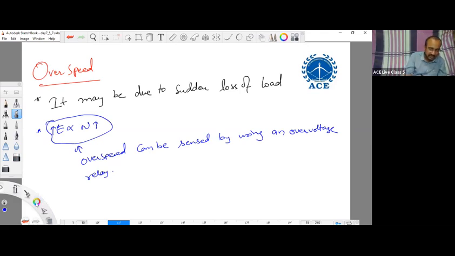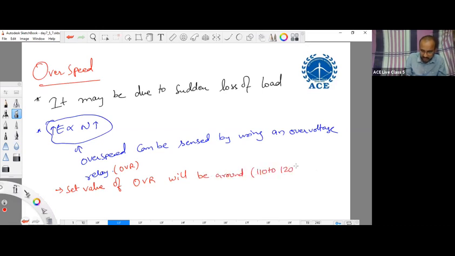Generally, the set value of this overvoltage relay will be around 110 to 120% of rated voltage.